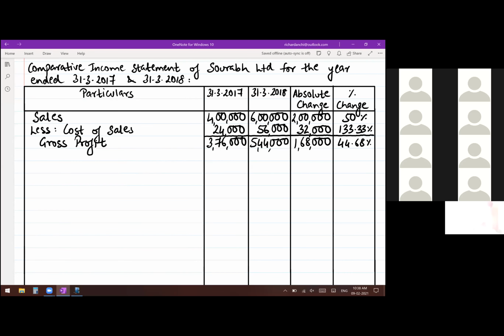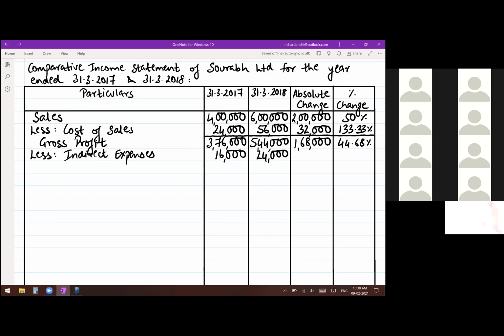Then we move on to indirect expenses. Now all the items of profit and loss account debit side are all indirect expenses. So write less indirect expenses. For 2017, that is 16,000, and 2018, 24,000. Calculate absolute change.